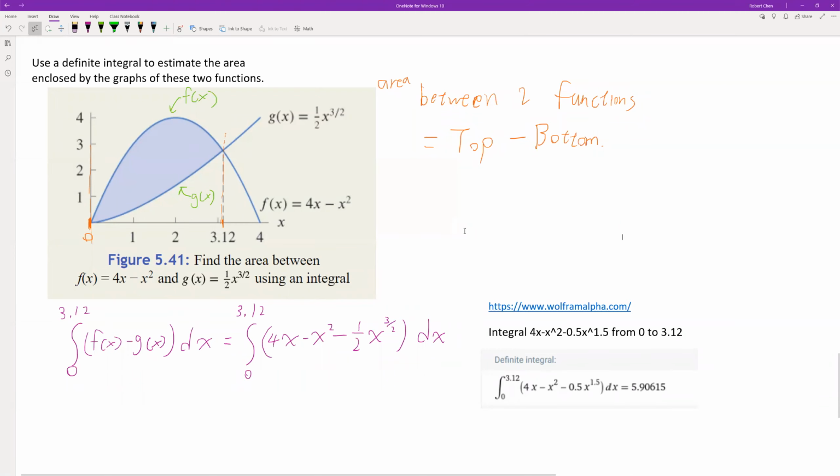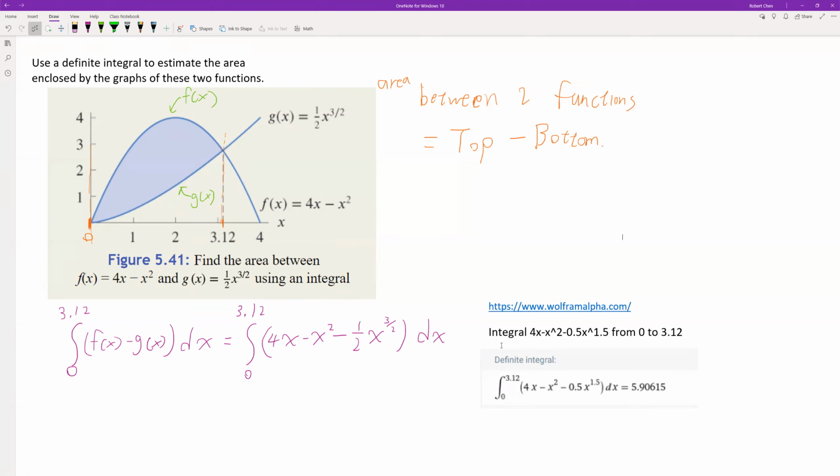Now, we actually haven't talked about any integral techniques, like how we can perform integration by hand. So for now, there are some questions that require you to use either a computer or a calculator to evaluate integrals. Feel free to use Wolfram Alpha or your graphing calculator if you have a TI-83 Plus and above.